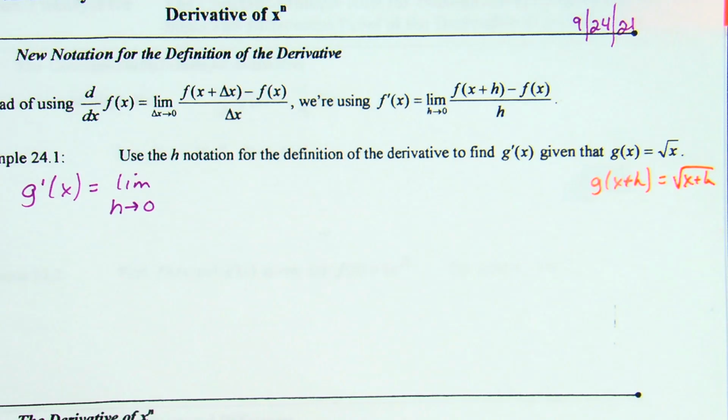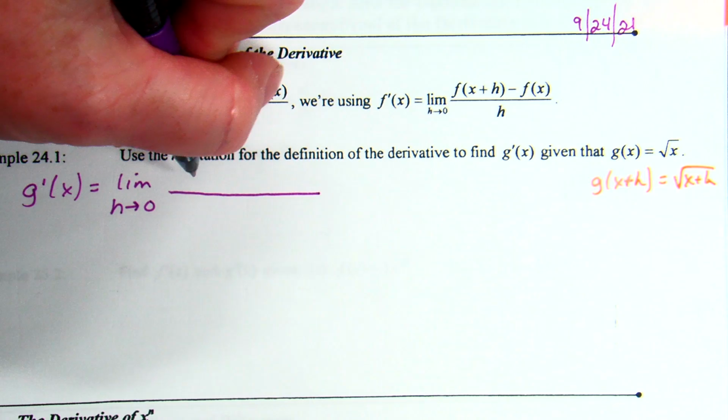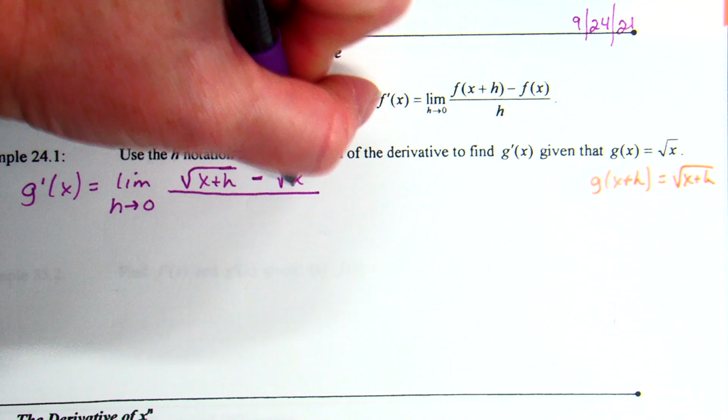So, the limit as h approaches 0 of, it says f of x plus h, ours is really g of x plus h. So we're going to say square root of x plus h minus g of x, which is the original function, square root of x, all over h.